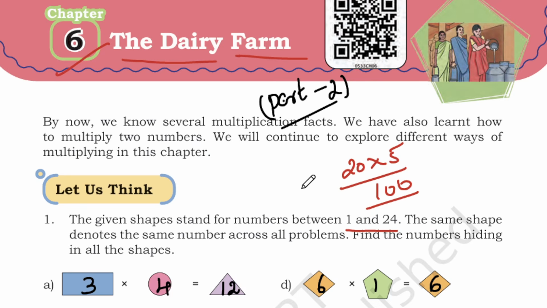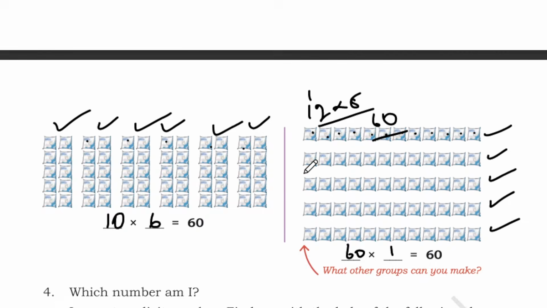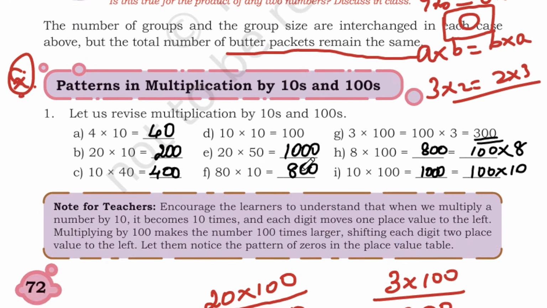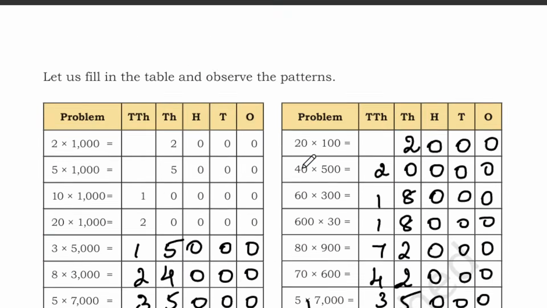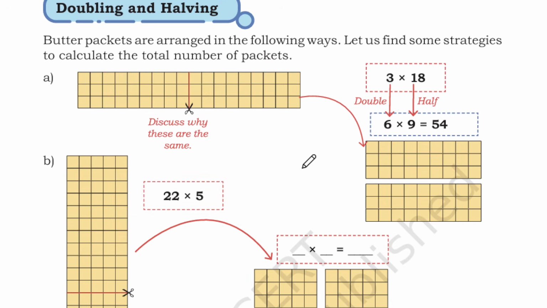Now we will go into the part 2 video. These pages are already covered in part 1 video, so directly we will go to part 2. So half and doubling. First we will find out what is half. A number which is divided by 2 is called half.